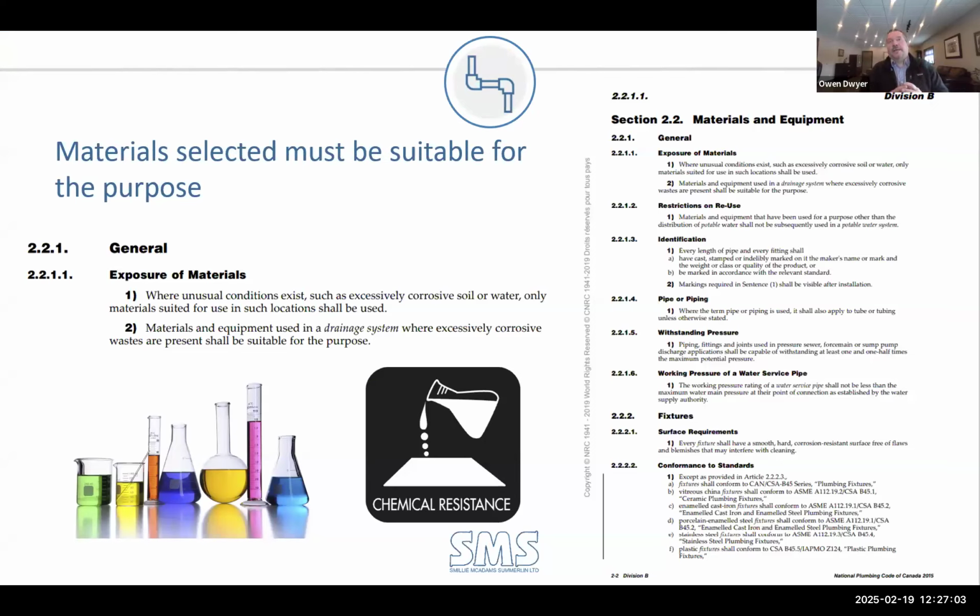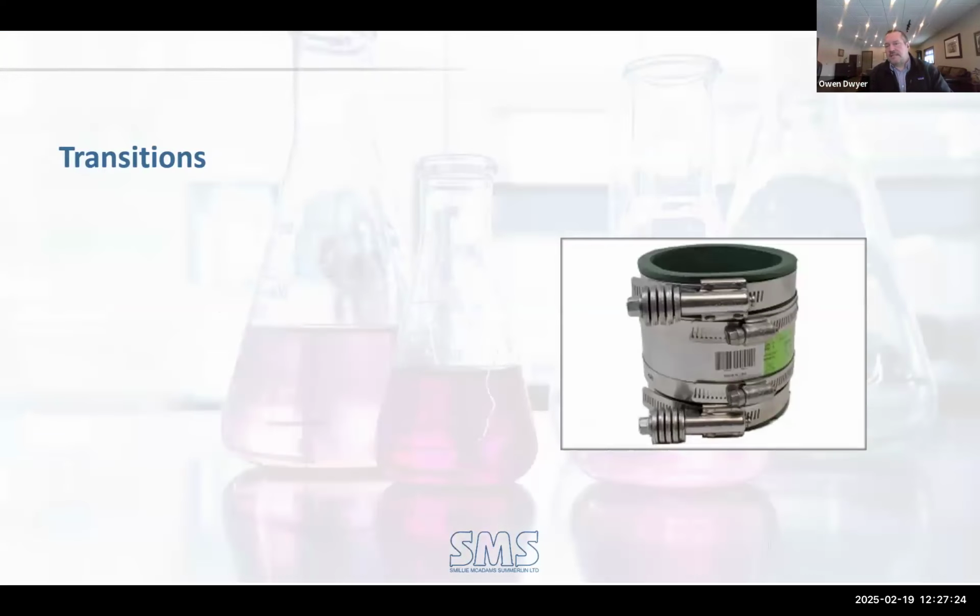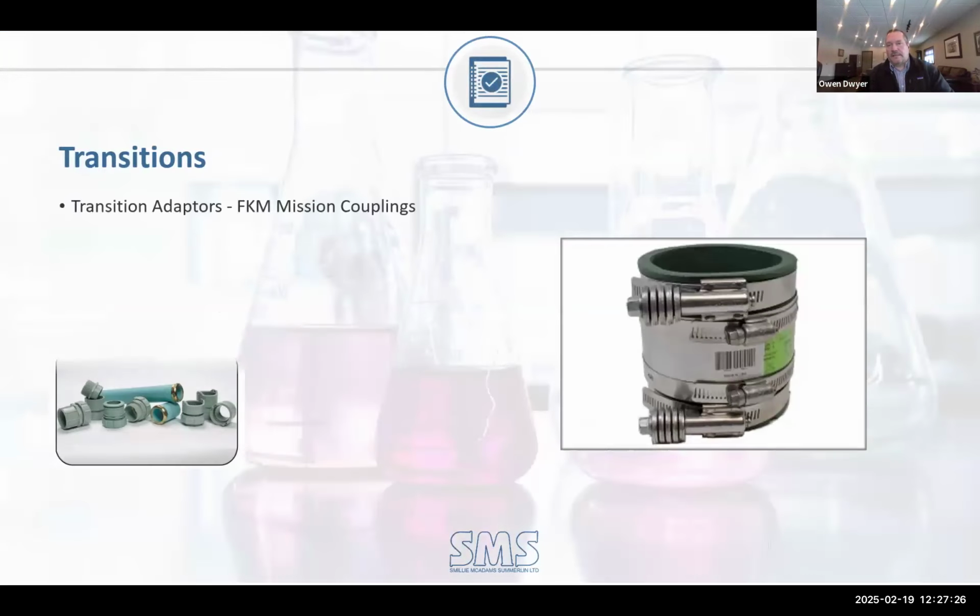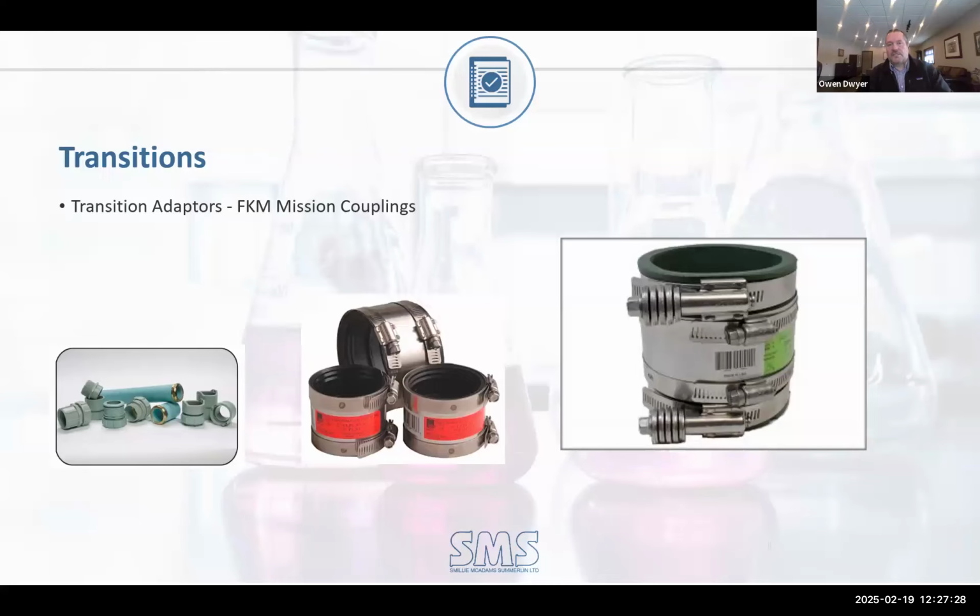And I bring this up because if you've got a corrosive waste system, you're concentrating on chemical resistance of the pipe and the fittings, and then you're joining to something else. Why use a typical mechanical joint rubber coupling? It's the weakest link. So you've got to put in the due diligence to make sure that it's suitable for the application. That said, there's couplings like this Dallas coupling, mission couplings in the center, or maybe you have to transition using flanges or male-female threading.